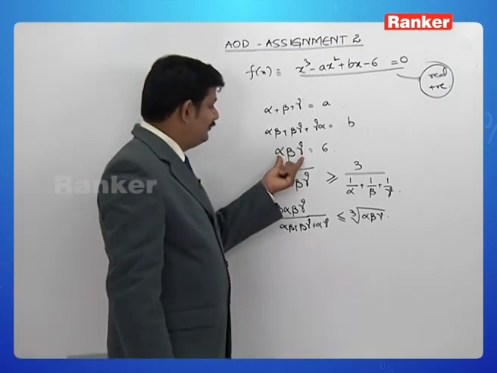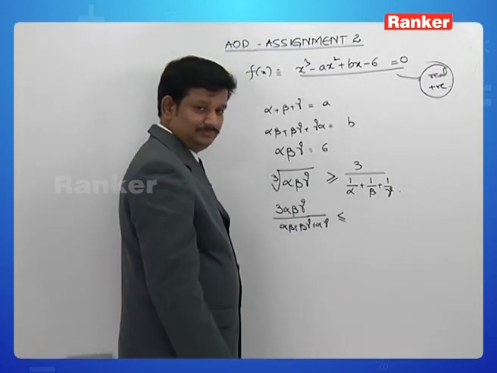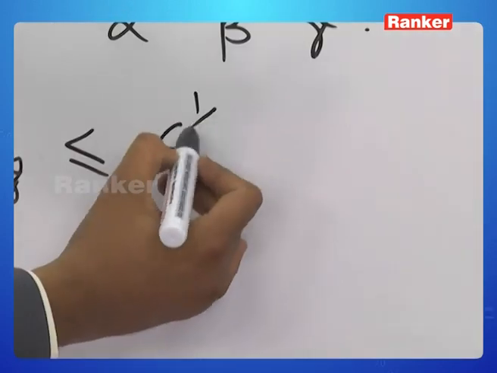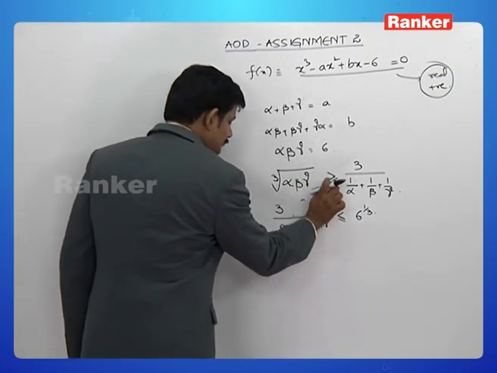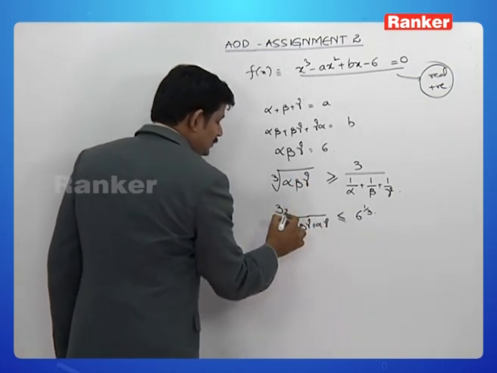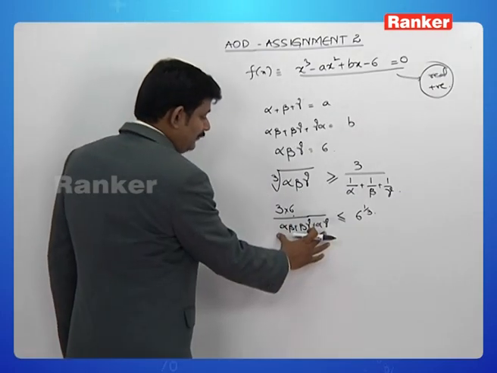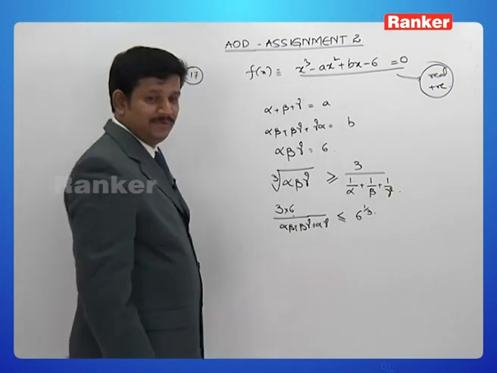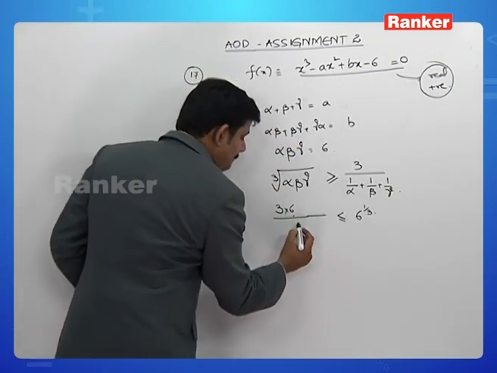Now we know alpha beta gamma is 6. So let us replace this by 6, 6 power 1 by 3. This is also 6. Alpha beta plus beta gamma plus gamma alpha is b. So this quantity is b.